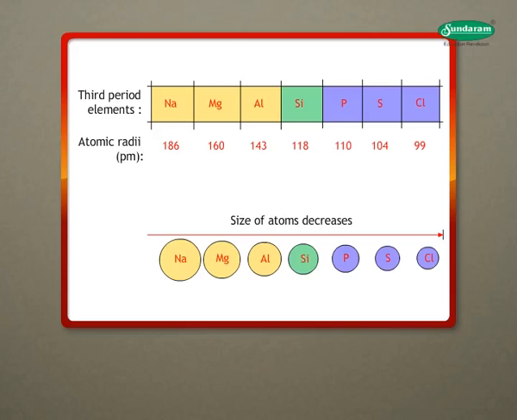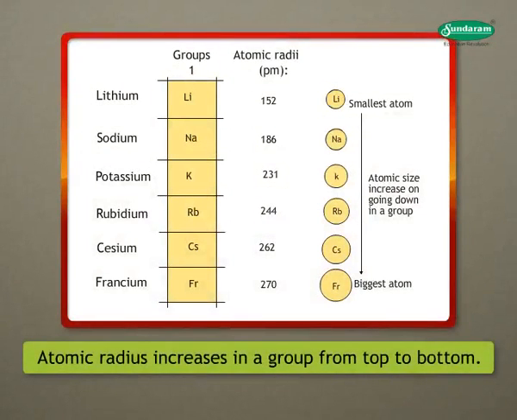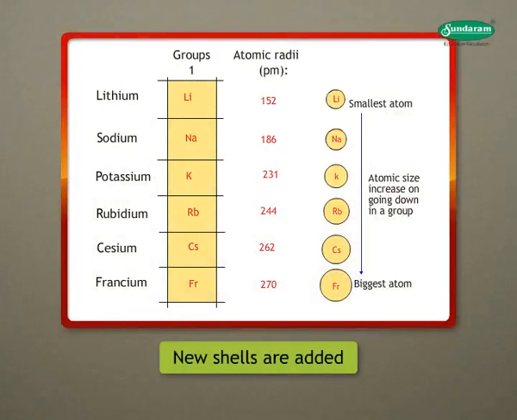This is because the electrons are added up to the same shell and experience greater pull from the nucleus. Atomic radius increases in a group from top to bottom as new shells are added, bringing outermost electrons farther from the nucleus. Let us try to answer some questions in this activity.